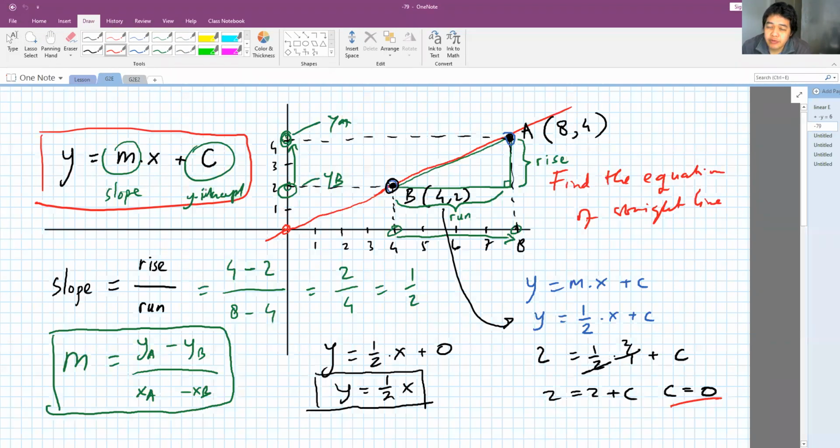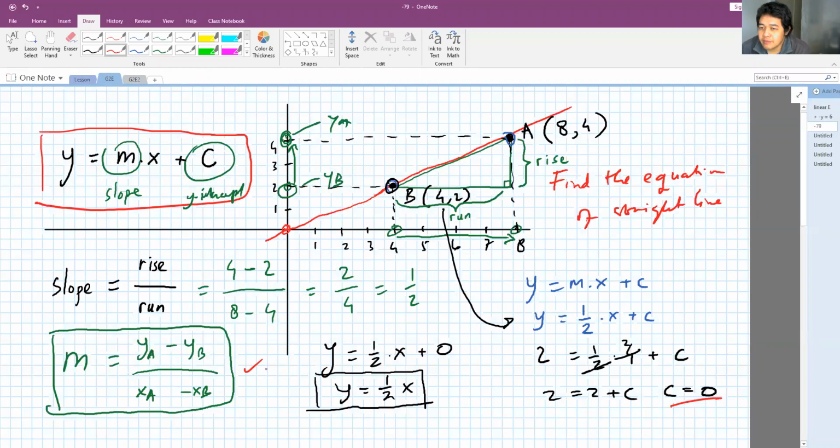So the first thing is we need to get the value of the slope, and the value of the slope here is given by rise on run, or if you want to remember this one, that's the difference in y value divided by the difference of x values.